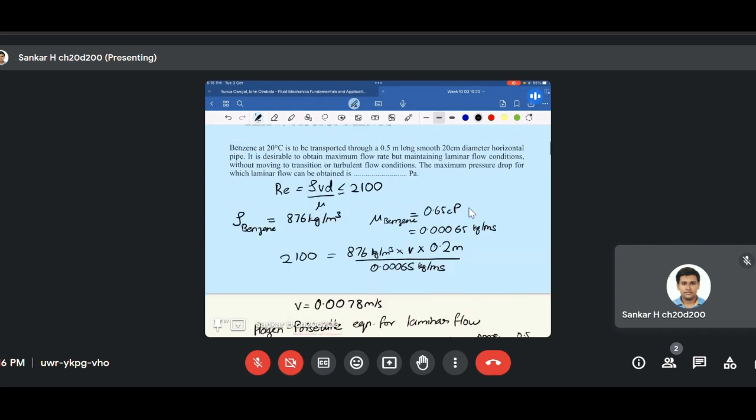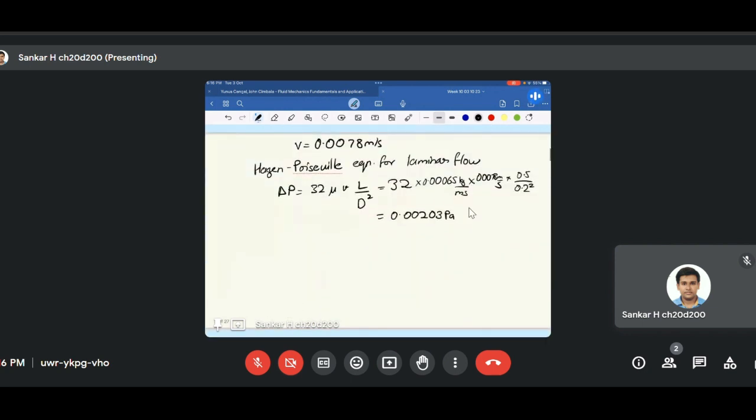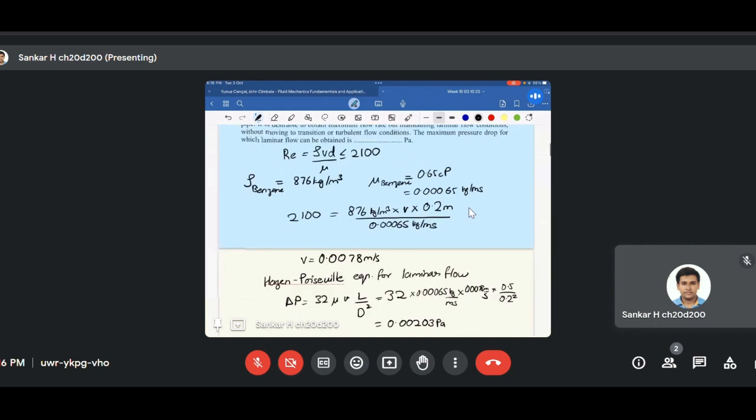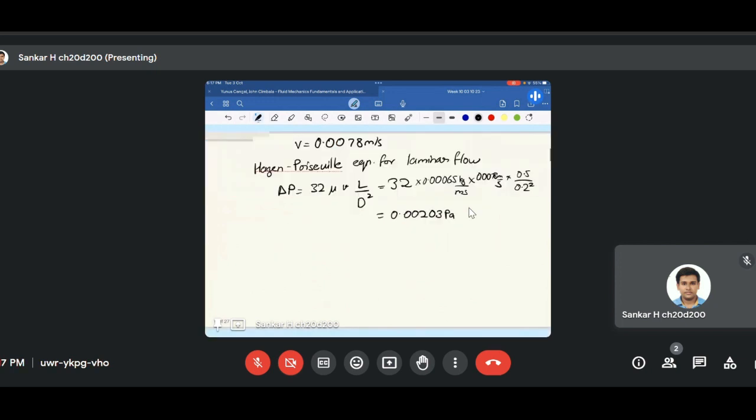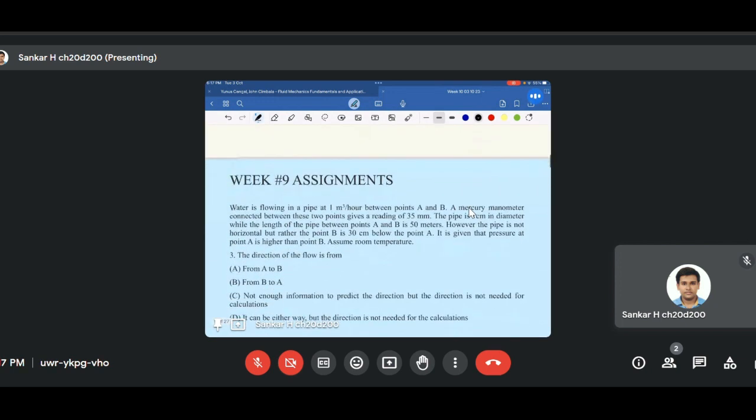Yeah, so this is what I get after solving the second question. Please let me know if you have gotten the same answer, or if there is any difference in the answers.